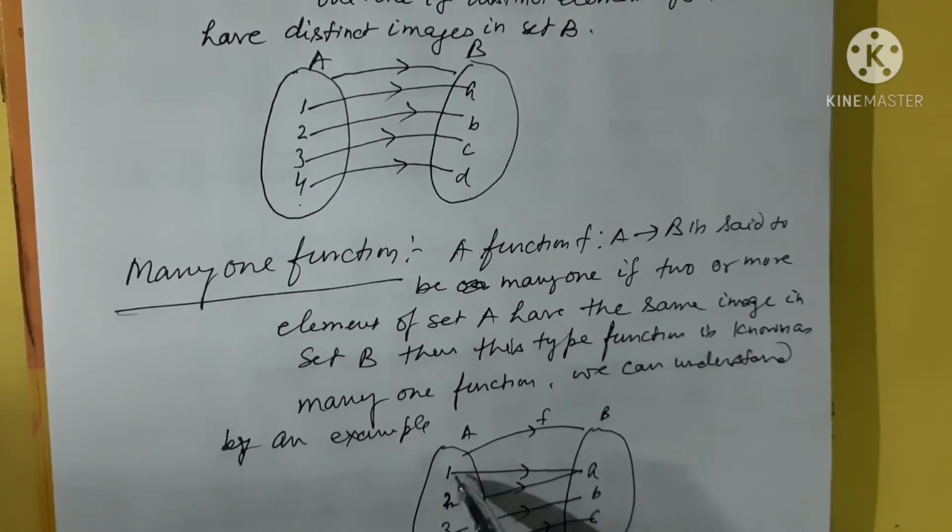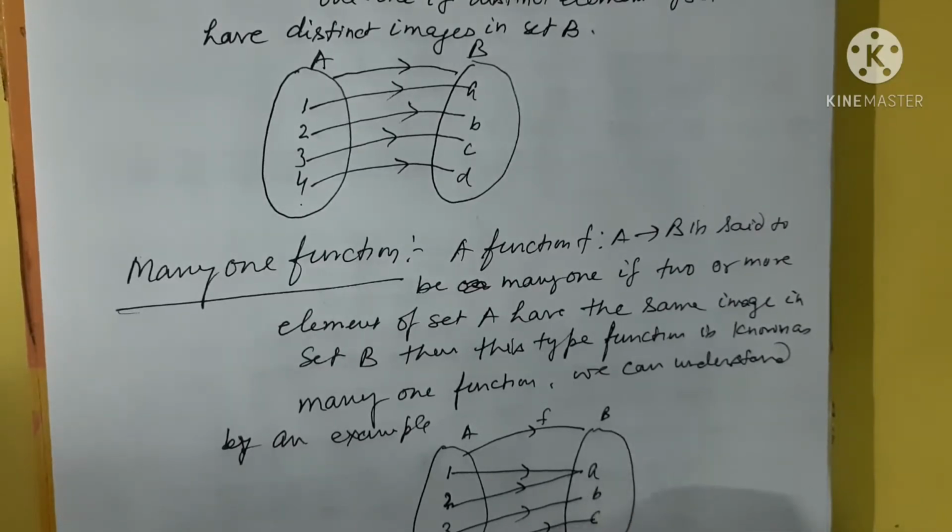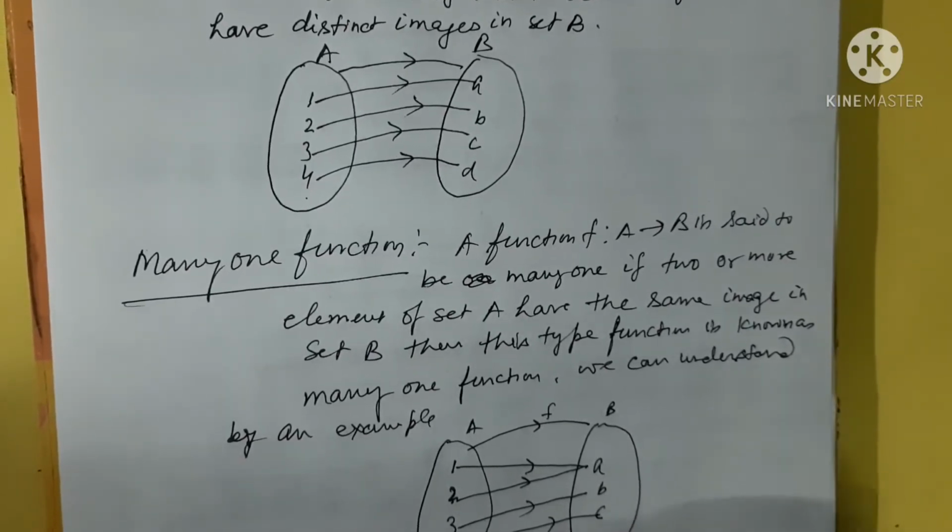We are seeing that 1 and 2 have the same image in set B. Therefore this function is known as the many-one function.